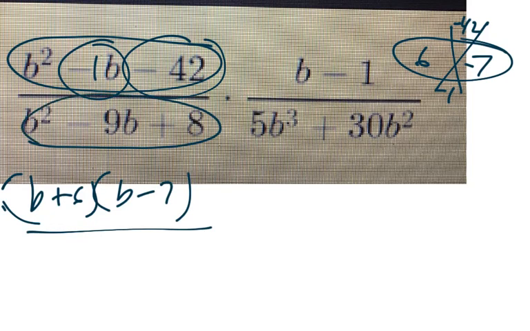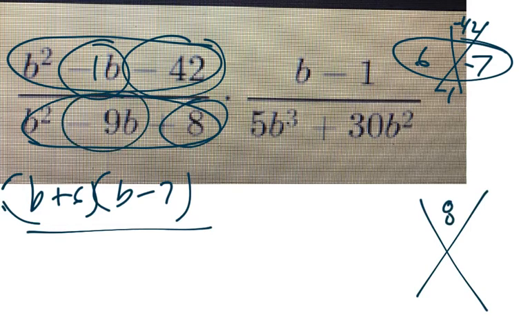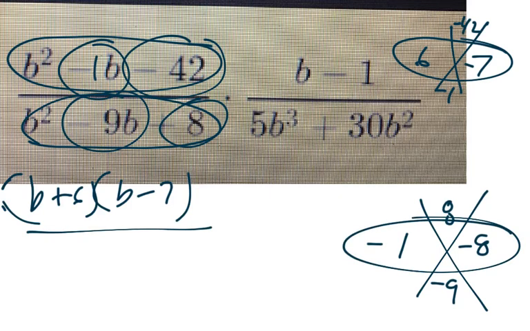The denominator also I need to do an X on. I need an 8 for my product. I need a negative 9 for my sum. I'm going to do 1 times 8, 8, and then negative 1, negative 8 make negative 9. So this is b minus 1, b minus 8.